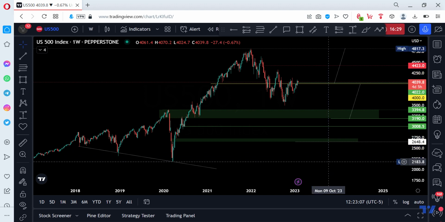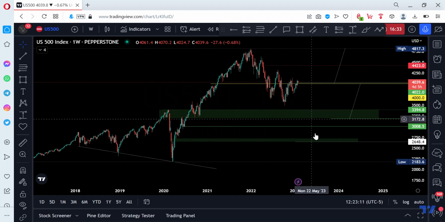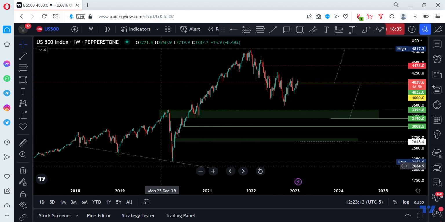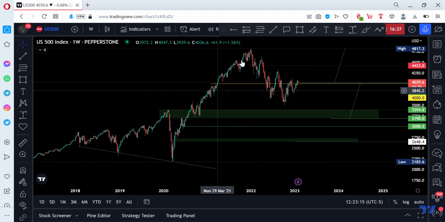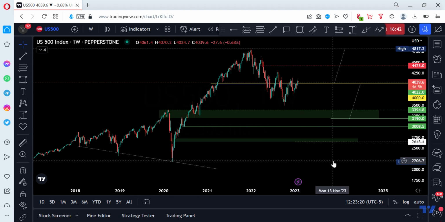So when things don't happen very often, the probability of reaching the low is small. Sometimes, whenever you have an extended triangle and you break higher, the market finds support at the low of where the move has started. Okay, so I'm not saying the price is going to come here at the low of the pandemic, but the probability is very low that ever in our life we're going to come there.